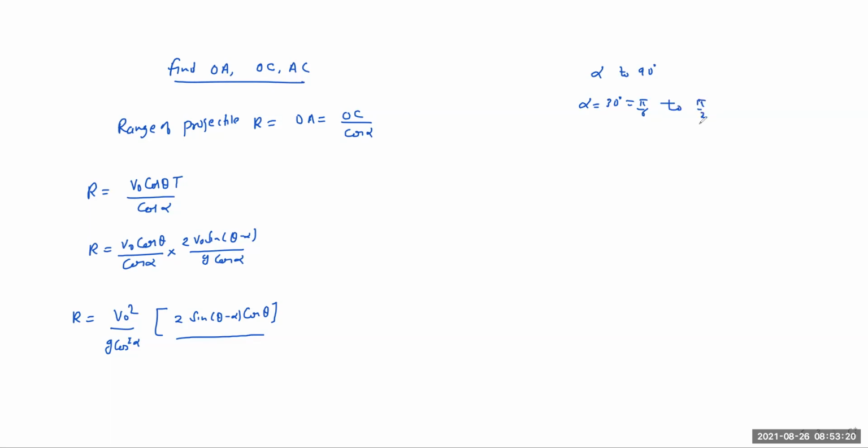So numerically, how much is that? I want to make it a numerical value. Pi is 3.14, right? Pi by 6 is 0.5232. Pi by 2 is 1.56. You don't know why I'm doing this. I'm doing this for the purpose of the graph.